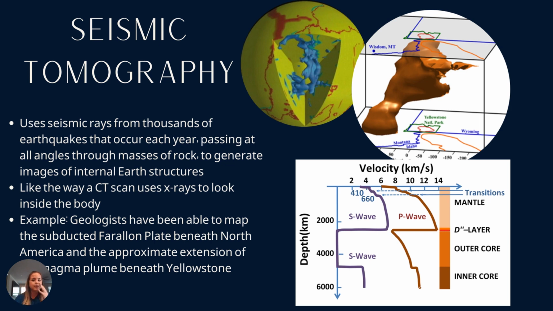So for example, this is an image in the upper right of Yellowstone National Park. The map is at the top, and then all of that orange is magma that's actually below the surface and tells us something about where we're going to actually see magma volcanism in the area. You can see that plume is huge in comparison to what is shown at the surface.